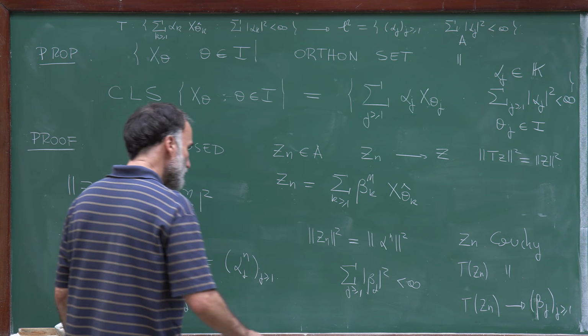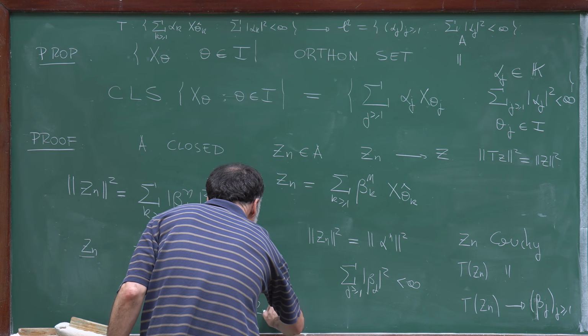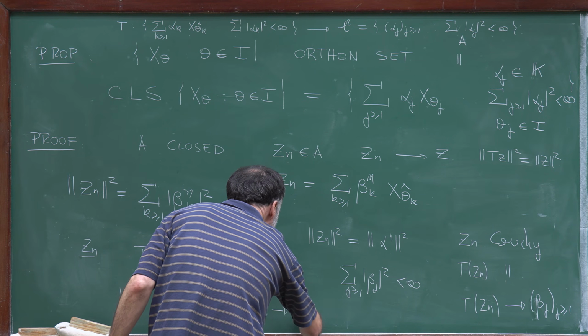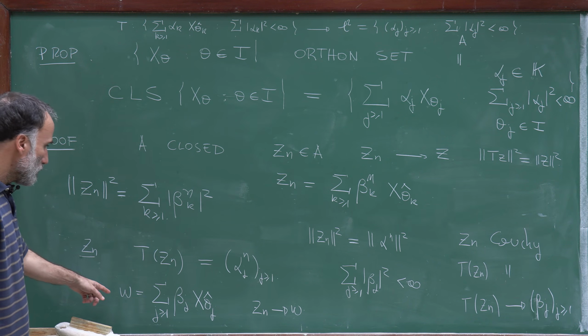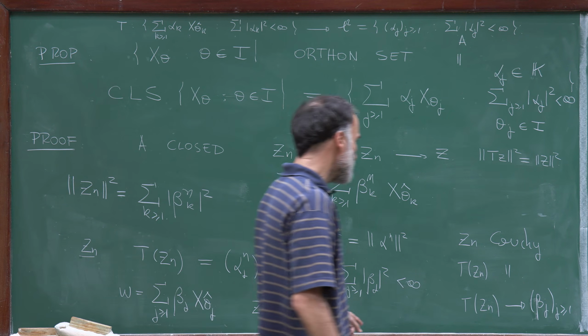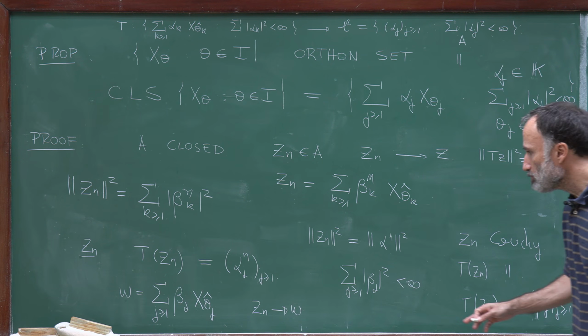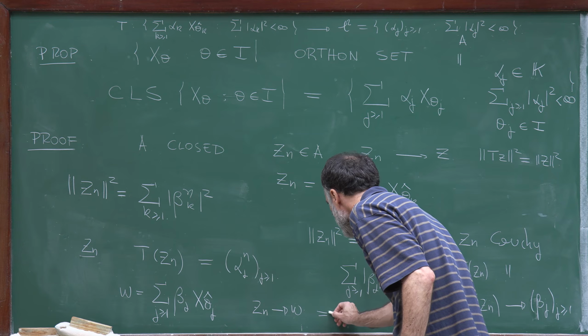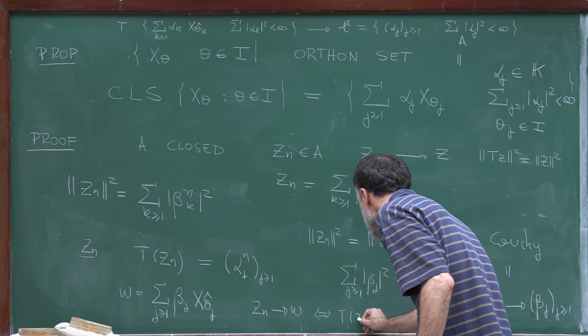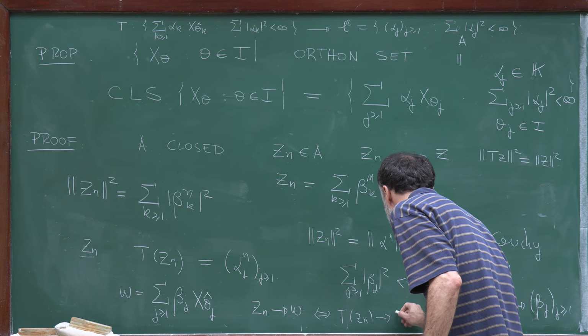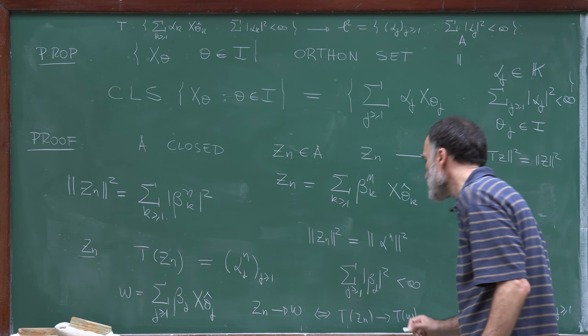Now I claim that Zn is converging to W. Well, this holds if and only if T of Zn converges to T of W, because T is an isometry.